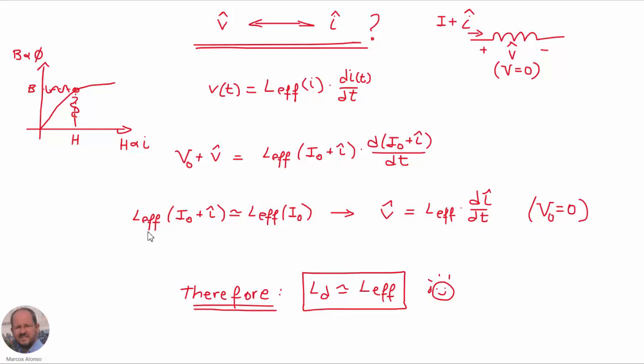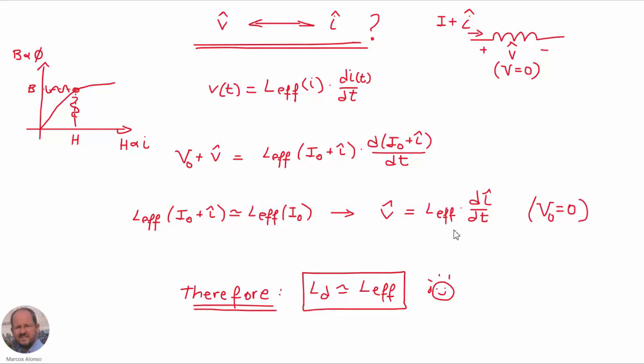And since the effective inductance as a function of the current is going to be a continuous curve, we can approximate the value at the DC level plus the perturbation by the value of the effective inductance at the DC point. And therefore, because the derivative of the DC level is 0, we can obtain finally this expression here, with the relationship between the perturbations of the voltage and current in the DC inductor.